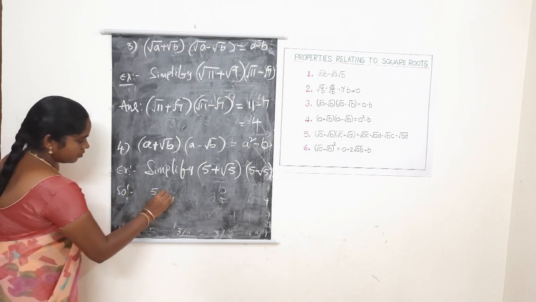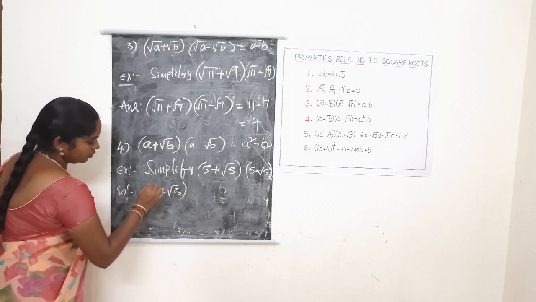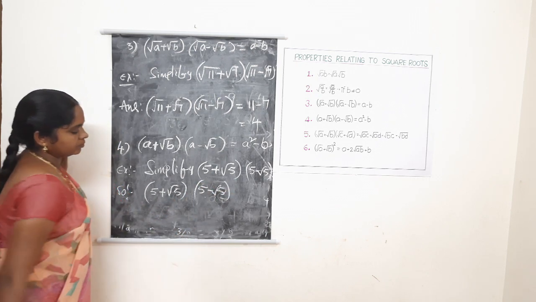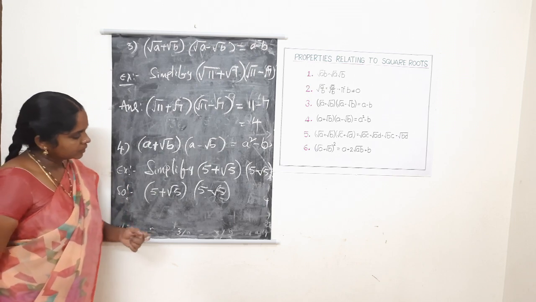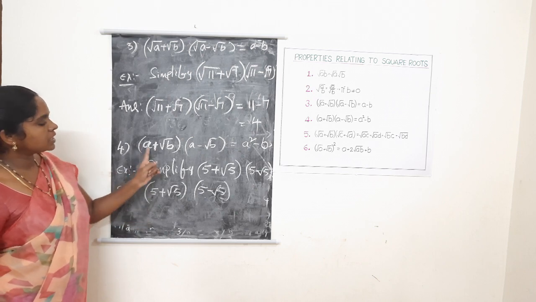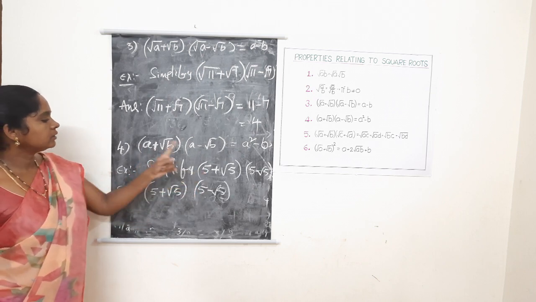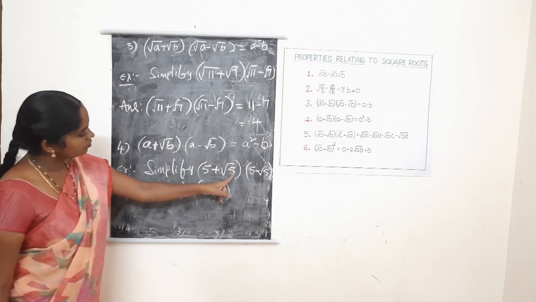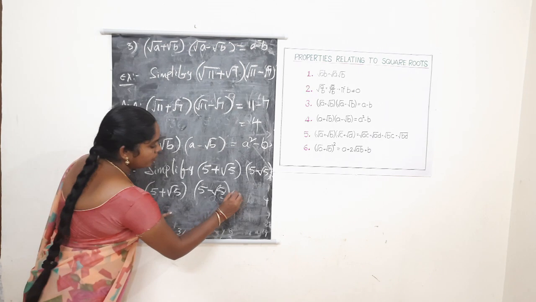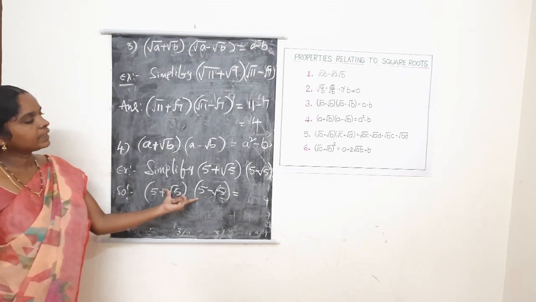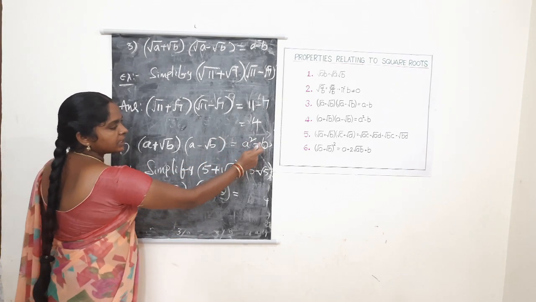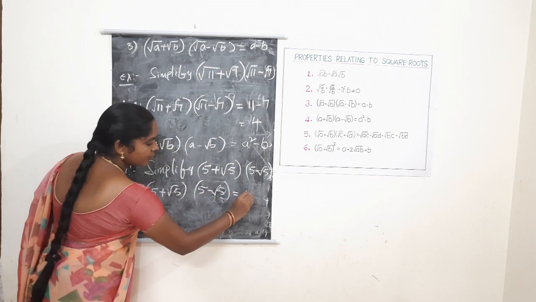So 5 plus root 5 into 5 minus root 5. Here the place value of A is 5 and the place value of B is 5. Now we can apply this formula, A square minus B. A is 5.